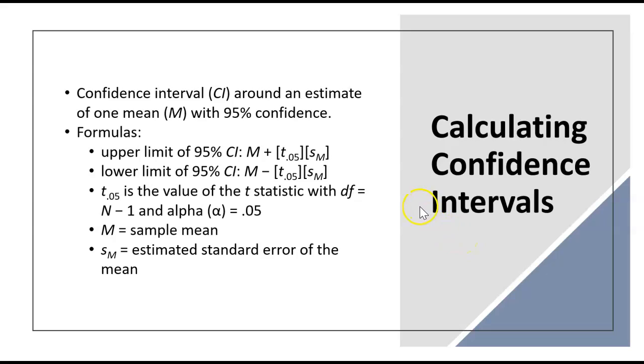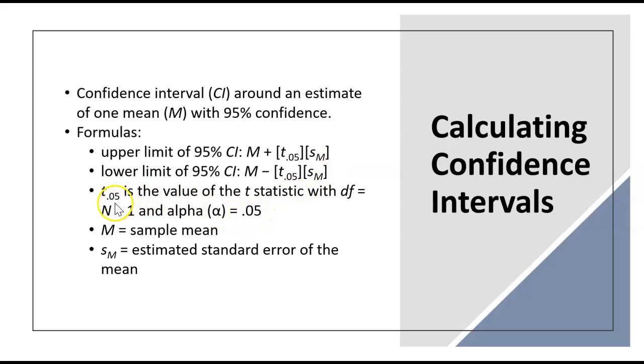The formulas, and again, this is copied straight out of your chapter. You want an upper limit to be the mean, and then the 0.05 here tells you the 95%, and the standard deviation of that mean.